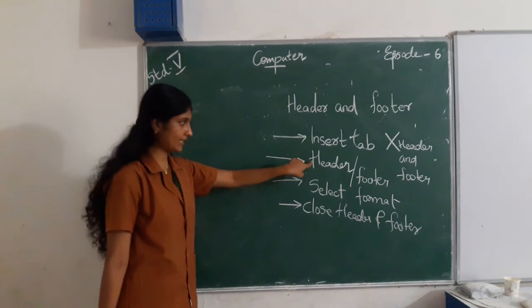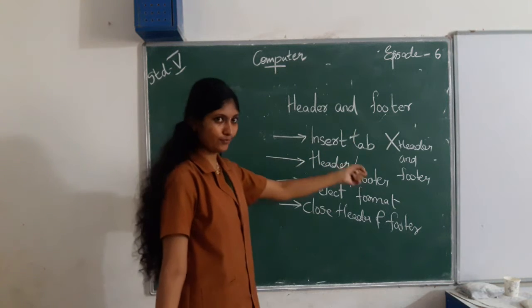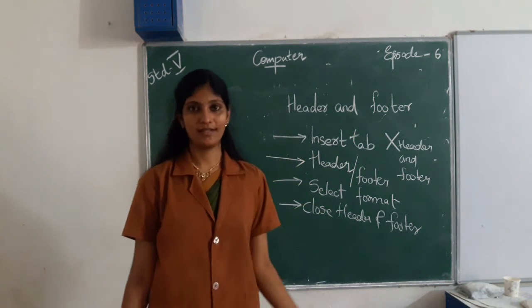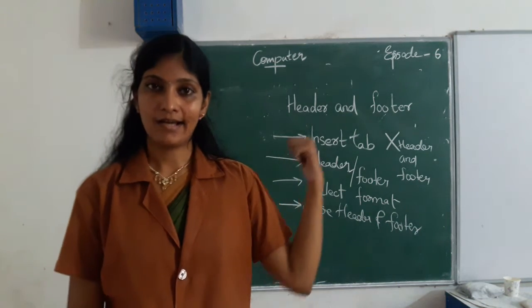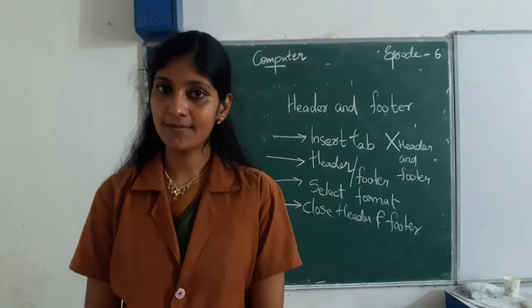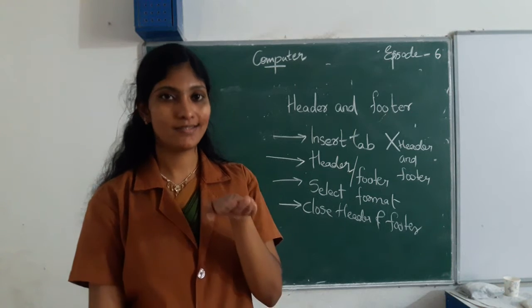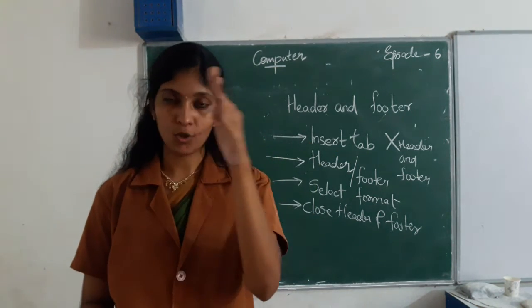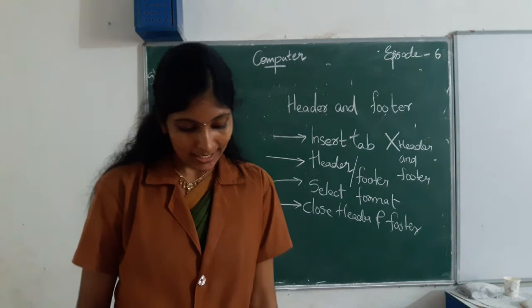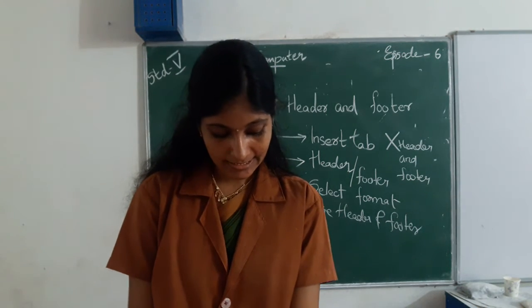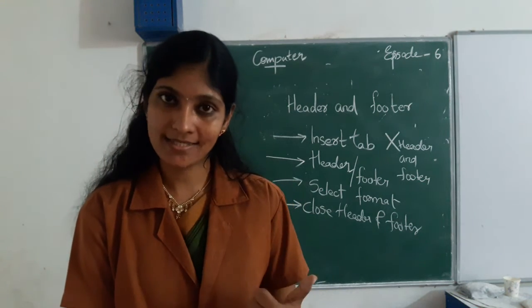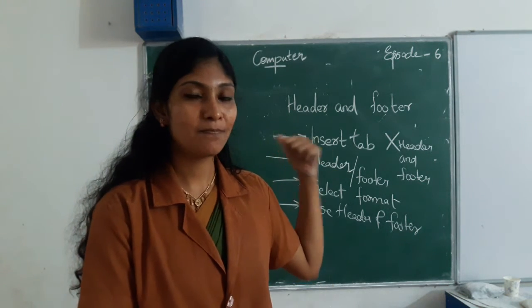Go to the Insert tab, go to header or footer, select the format, and close the header and footer. So after doing all these steps, you can finally see the header and footer text in your top and bottom position. Then we can also include some text in this header placeholder.